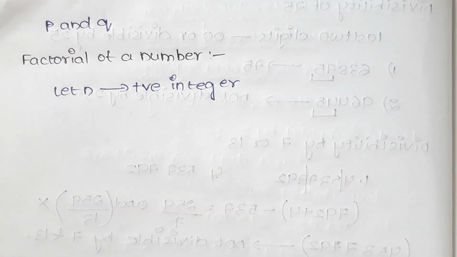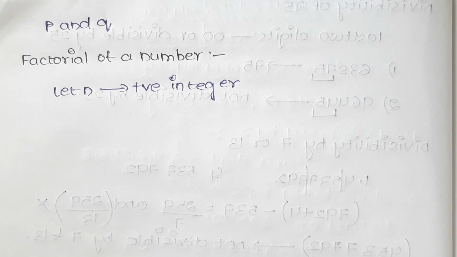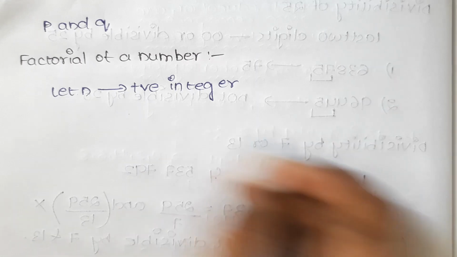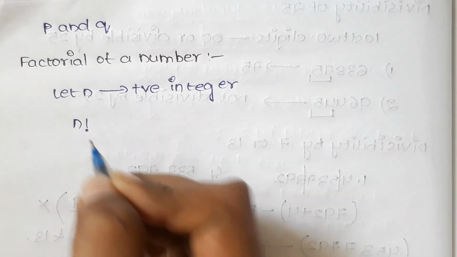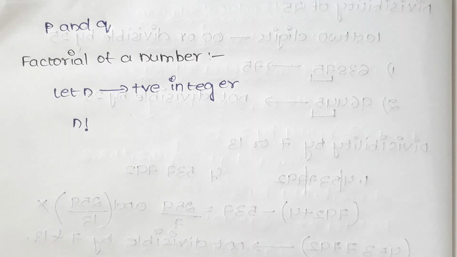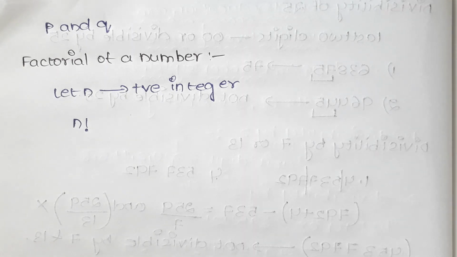Then the continued product of the first n natural numbers is called factorial of n, and it is denoted by n factorial. The continuous product of n natural numbers is nothing but the factorial of a number.